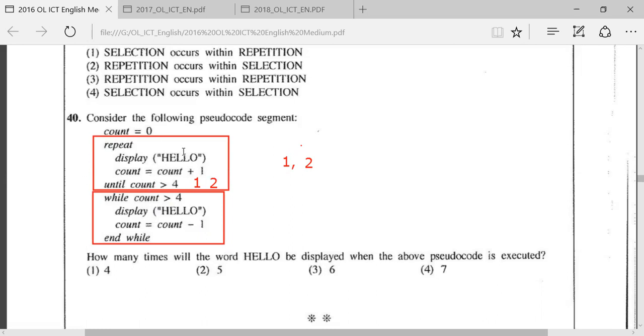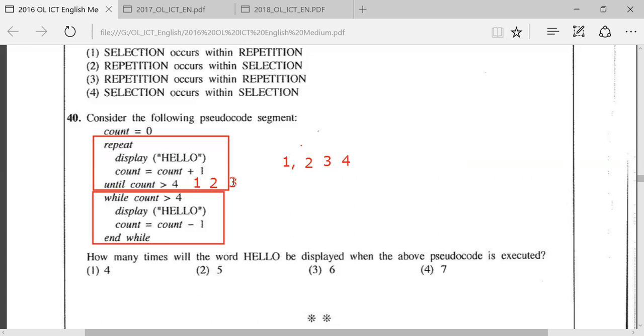So it will go back here and display hello for the third time. Count equals count plus 1, the new count is 3. 3 greater than 4, that is false. It will go back and print hello 4 times.